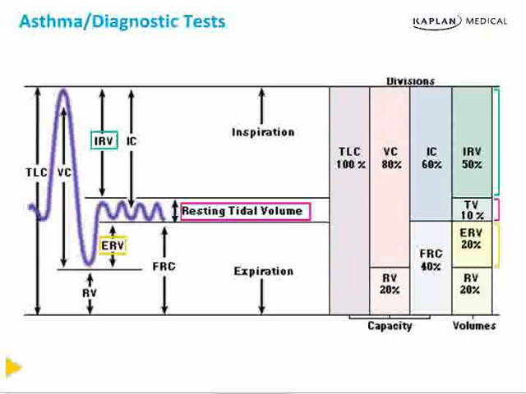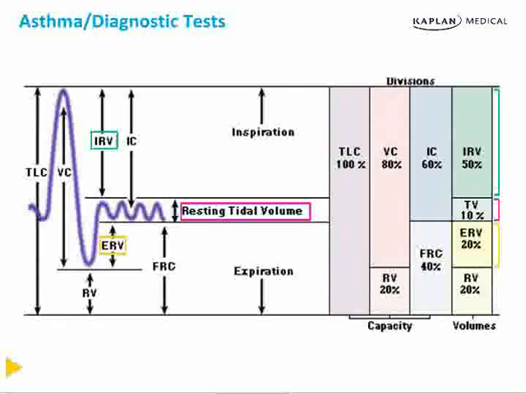Just like its cousin, the inspiratory reserve volume, this is a reserve volume, meaning that it's an extra amount of volume on top of your resting tidal volume. Only this time, we're talking about the extra expired air rather than the extra inspired air.